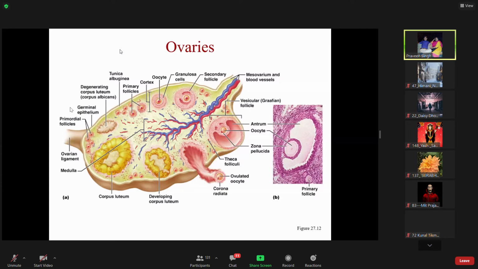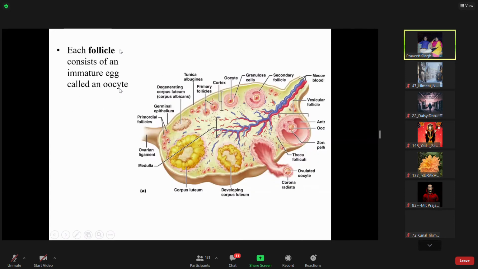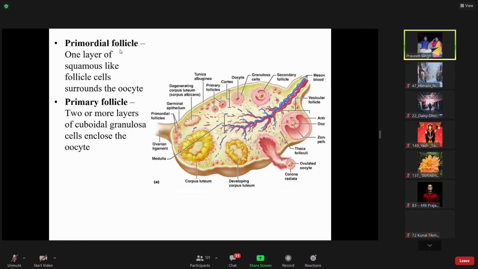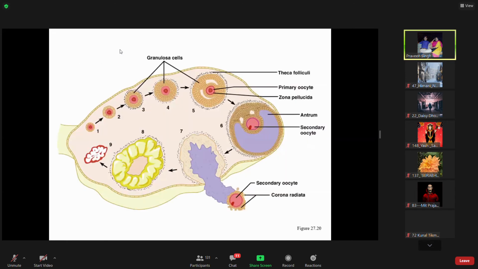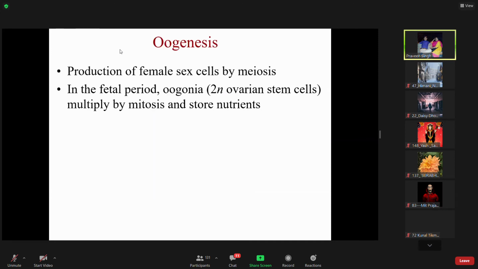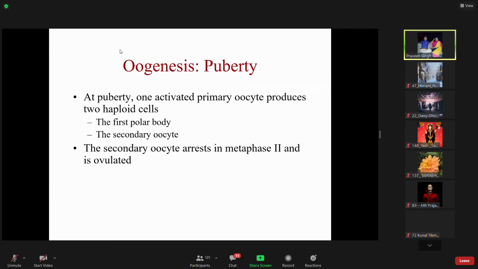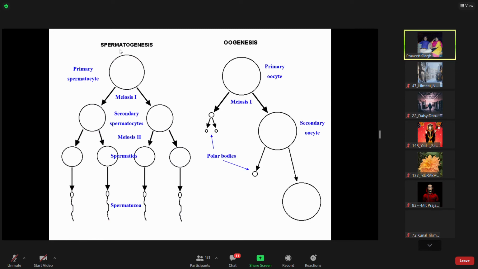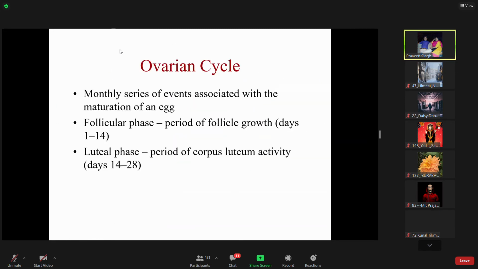Now let us move ahead. Primordial follicle, primary follicle, secondary follicle, Graafian follicle, ovulation, corpus luteum. This is the ovarian cycle we discussed: follicular phase, first 14 days, luteal phase 14 to 28 days, and ovulation occurs mid cycle.